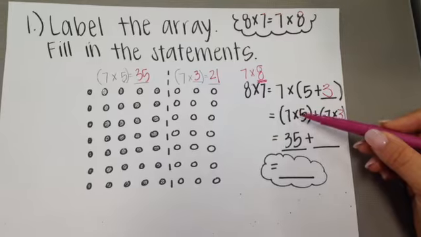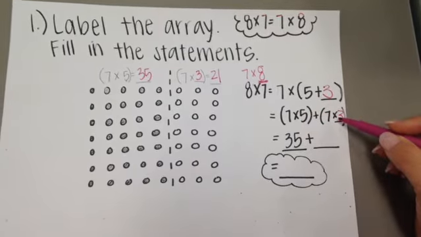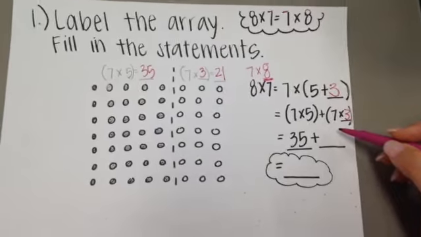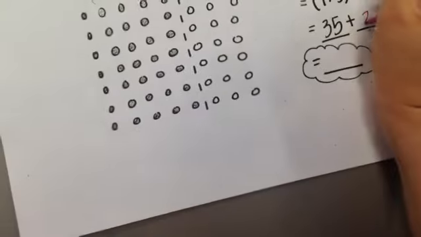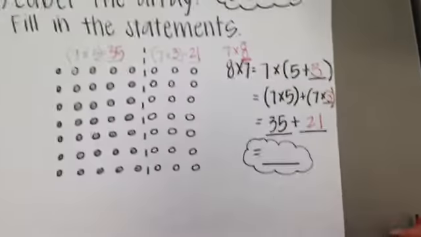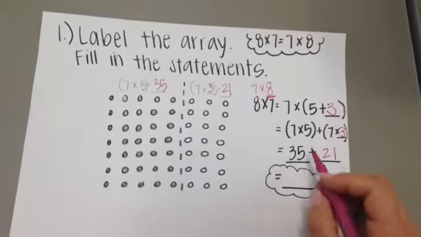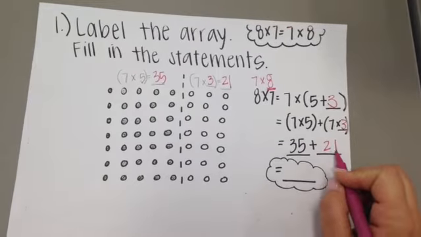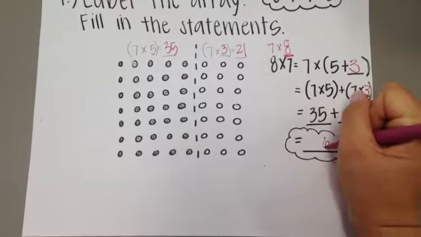Now if I go down and solve 7 times 5, I know that's 35. 7 times 3, we said that is what again? Oh yeah, 21. And then if I add these together, that will give me my answer for 8 times 7. So 5 ones plus 1 one makes 6 ones.